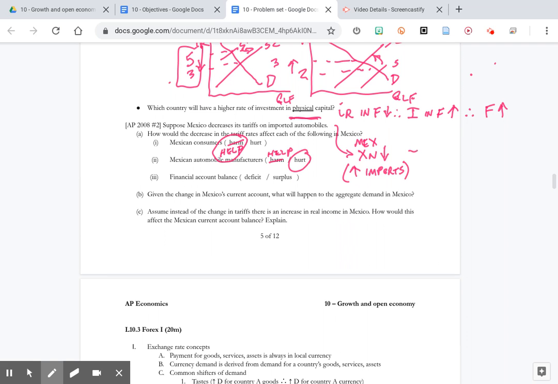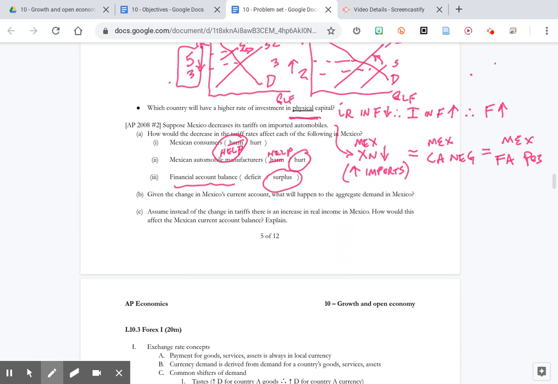If that's true, that's the same thing as saying the Mexican current account is going negative. And if that's true, that's the same thing as the Mexican financial account going positive. The financial account balance is going to a surplus. So it's a logic chain that we have to kind of think through on that part.